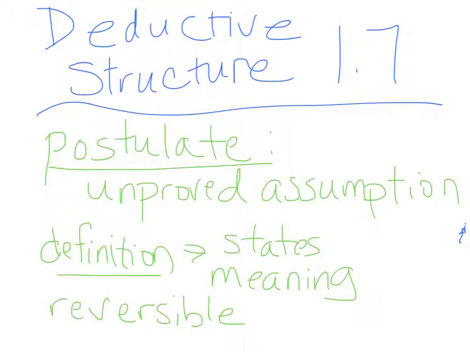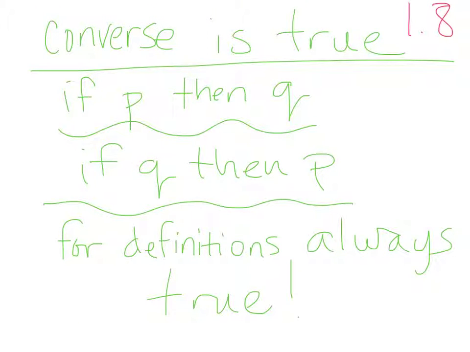The converse is always going to be true. Exactly. I wrote it right there. So if this is a statement, if P then Q, what's this called, if Q then P? The other way around. That would be the contrapositive. I mean, the converse. Yeah, the converse.